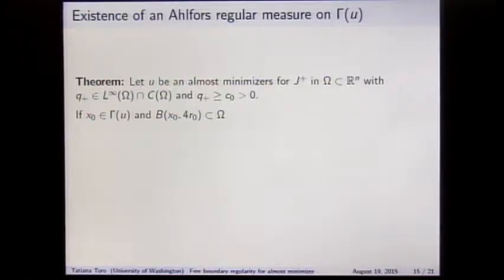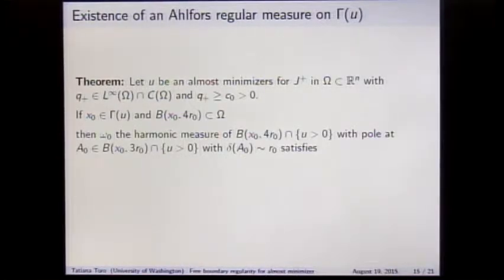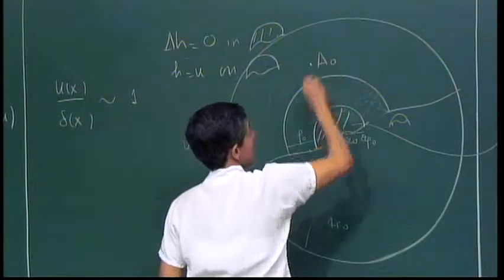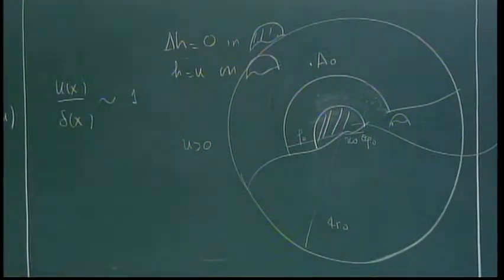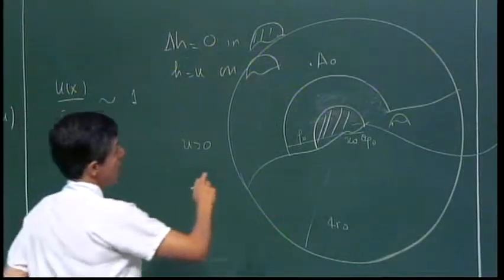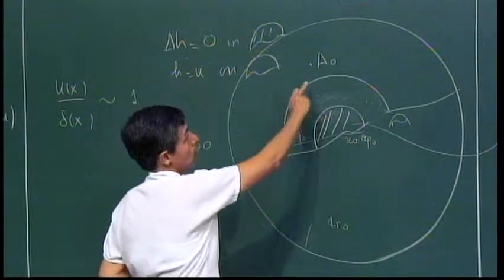So this is how you construct this measure. We have our function h, and now here is what happens. I look at, this is 4R0. I take a point A0, which is at a distance roughly R0 from the boundary, so really exactly there. I look at the harmonic measure with pole here.